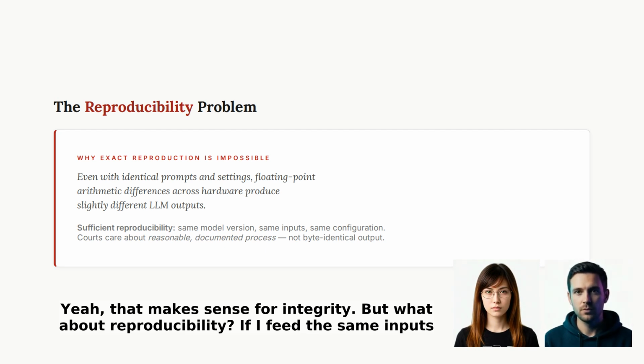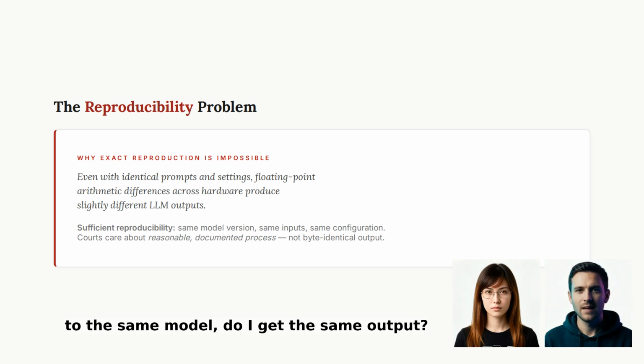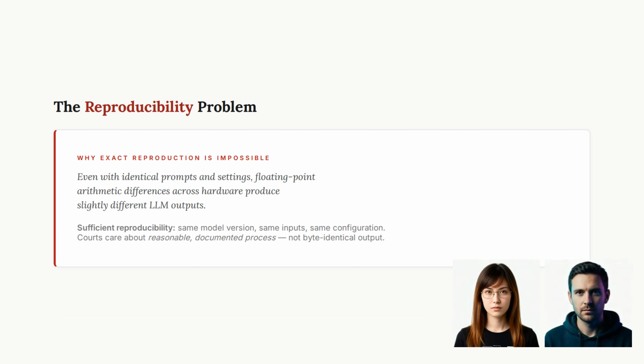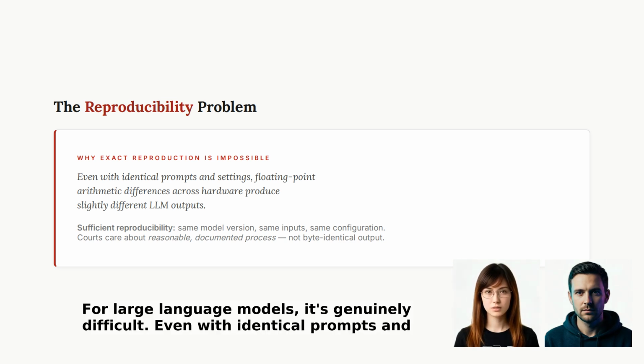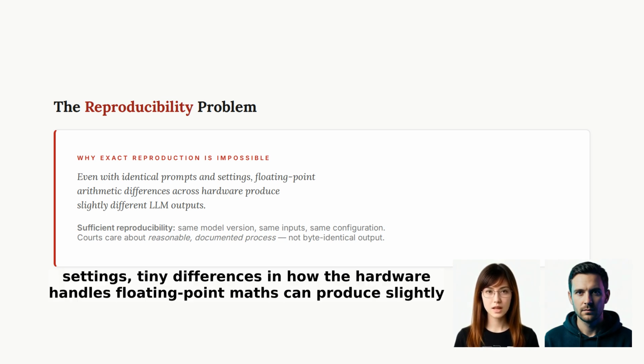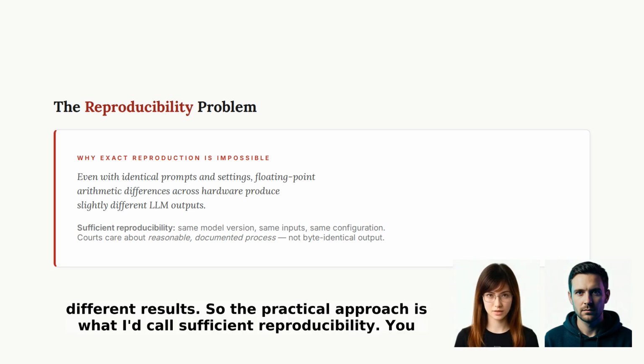But what about reproducibility? If I feed the same inputs to the same model, do I get the same output? This is the hard part. For normal software, yes, same input, same output every time. For large language models, it's genuinely difficult. Even with identical prompts and settings, tiny differences in how the hardware handles floating point maths can produce slightly different results.